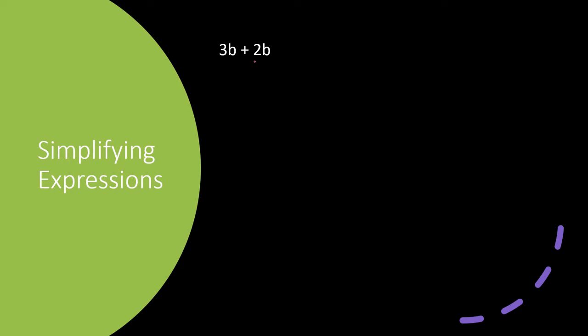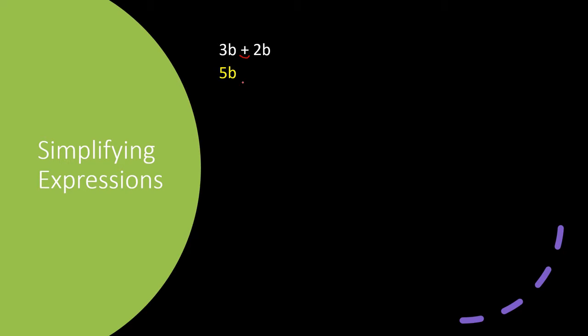By combining these two, this plus symbol is telling me that I have to add these two coefficients, the 3 and the 2. So 3 plus 2 is equal to 5, and the b just comes along for the ride. So there you go. I just combined these two like terms, and therefore I simplified this algebraic expression.